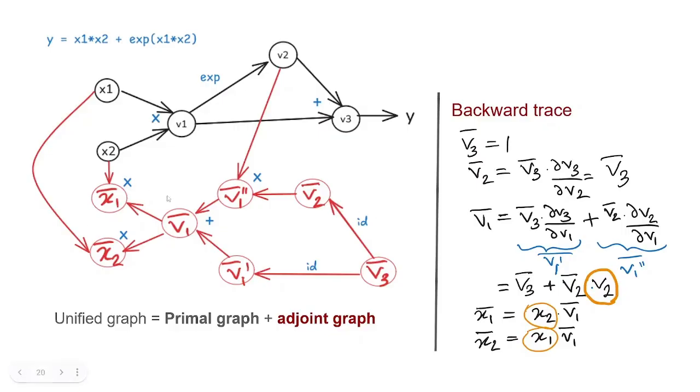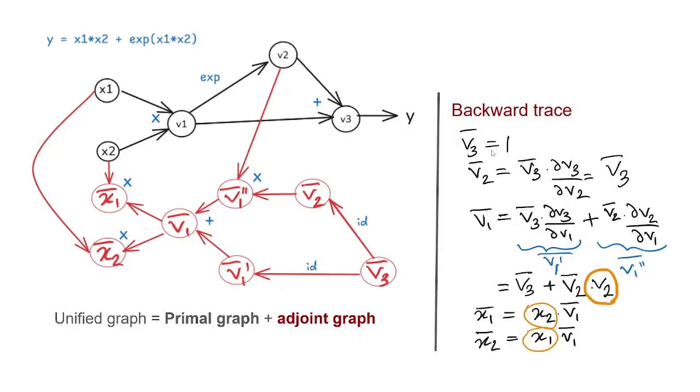The new part which we added in red, representing the backward computation, is called an adjoint graph because the nodes here are the adjoint variables. Taken together, the primal and the adjoint graph are linked, and the whole thing is called a unified graph.